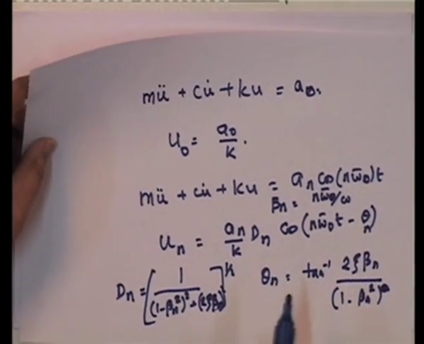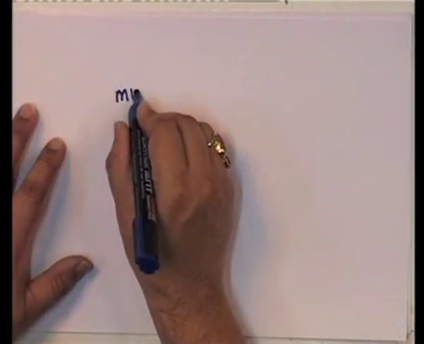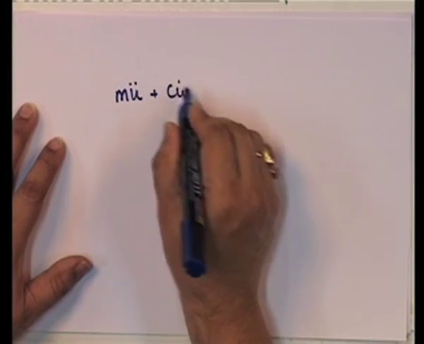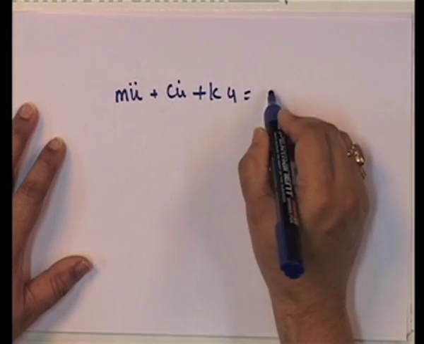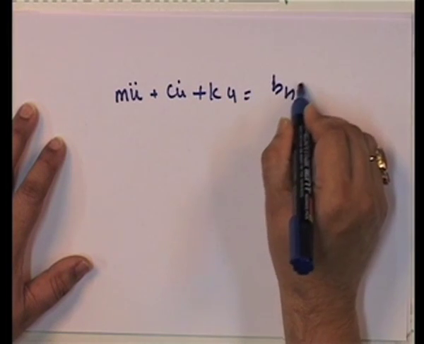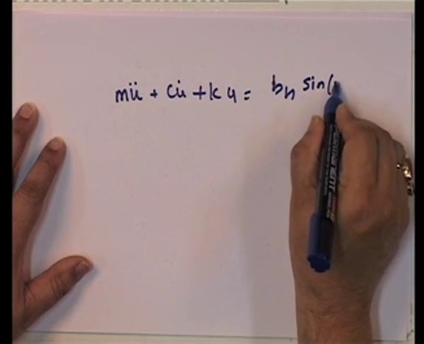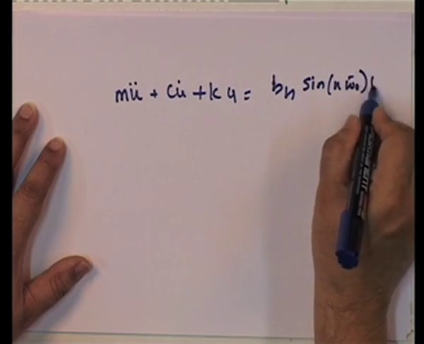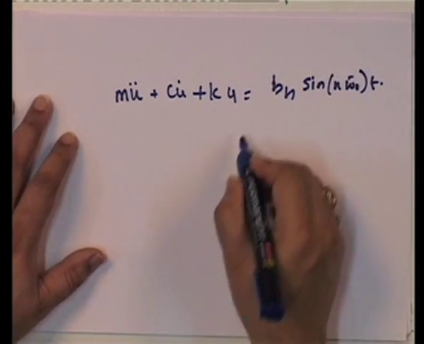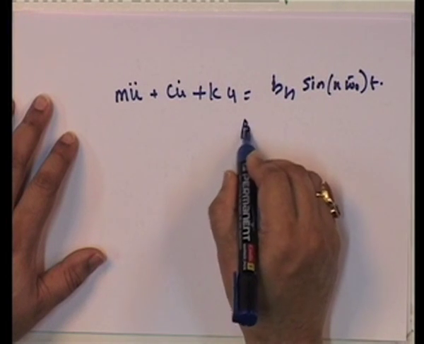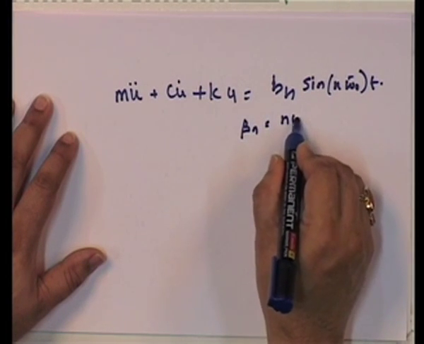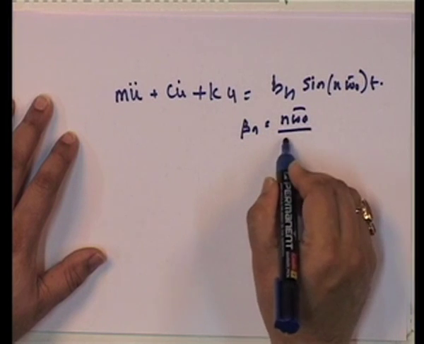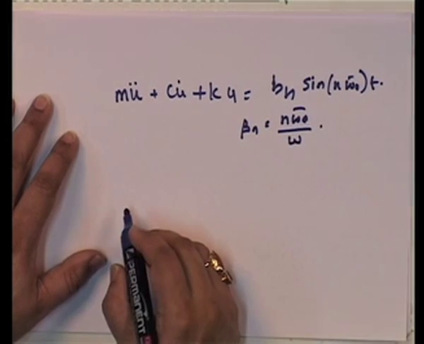Similarly, the final one is the solution to the sine. M u double dot plus C u dot plus K u is equal to B n into sine n omega 0 t, again taking beta n to be the same value, n omega 0 upon omega.